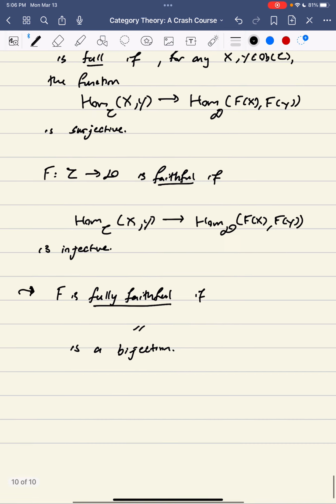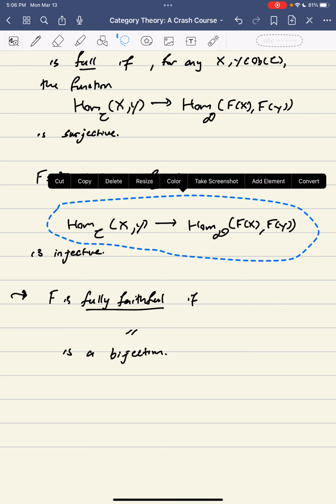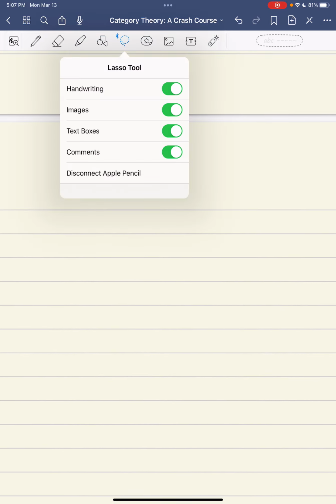So in this case, if you have a fully faithful map, I have a bijection of sets.